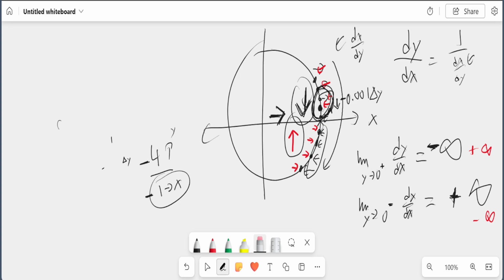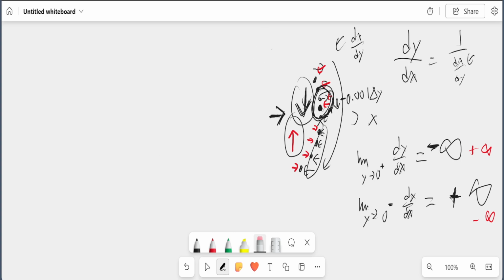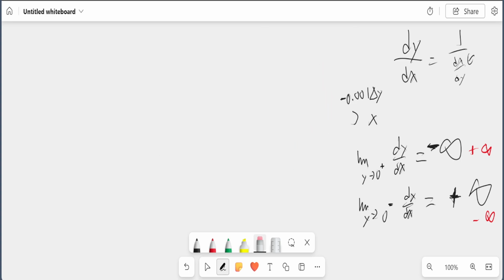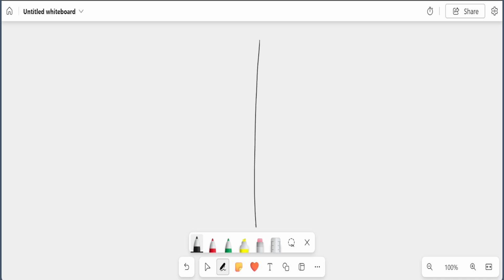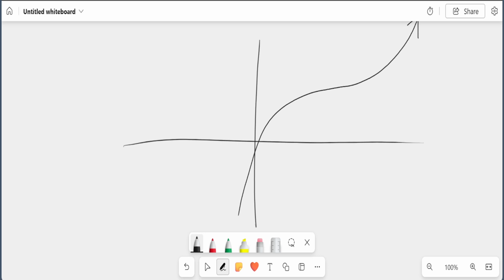I'll do one last little thought problem. This shouldn't take long at all. This is going to be just normal, but let's say our function is let's do this, right?